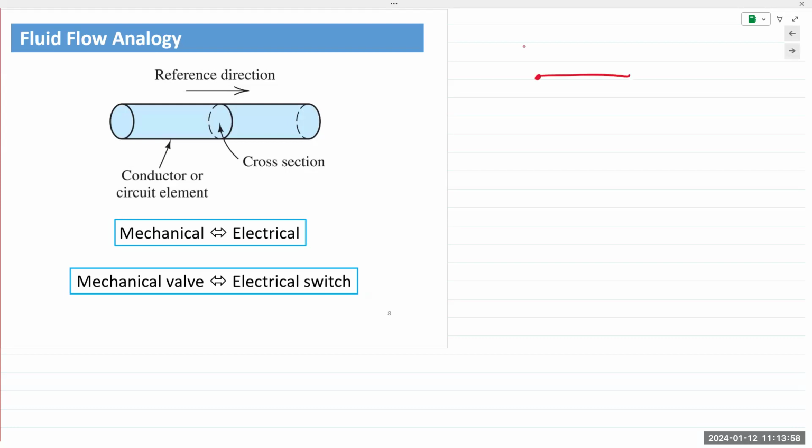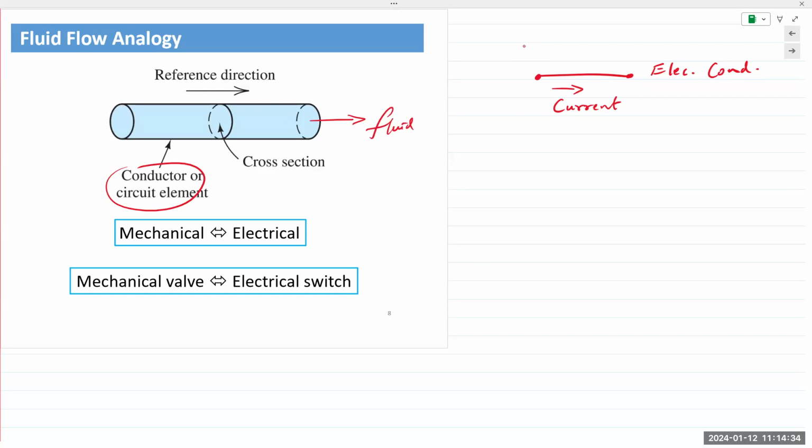So a mechanical pipe can be analogous to an electrical conductor. The flow of electrons would result in the flow of current. And so we could equate that to a fluid that is flowing through the pipe. Okay, conductor, fluid flow.